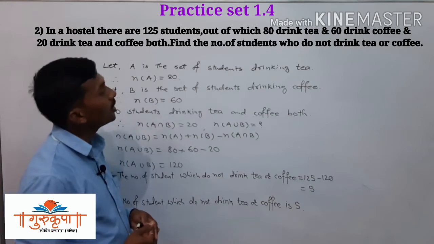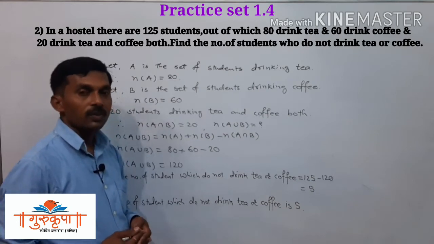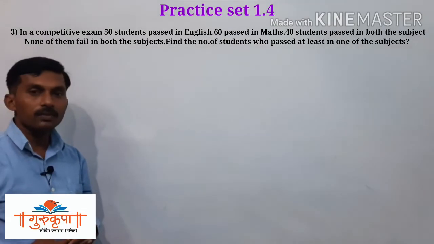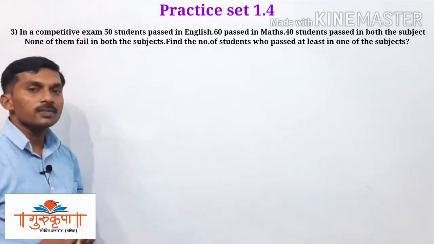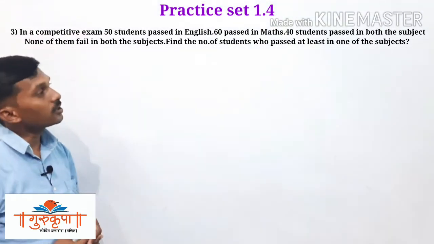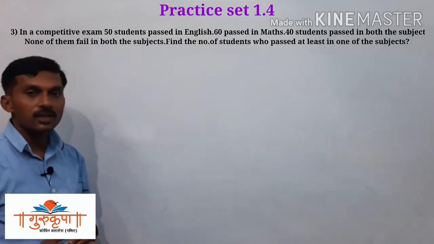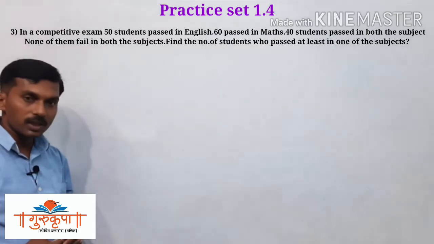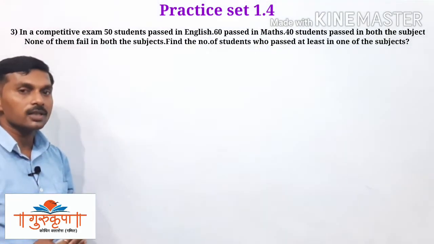Now we will take the third question from practice set 1.4. The question is, in a competitive exam, 50 students passed in English, 60 students passed in mathematics, 40 students passed in both these subjects, that is English and mathematics.